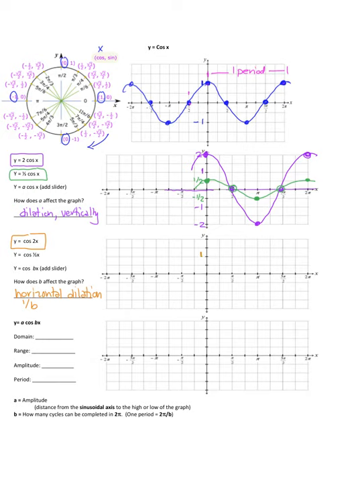But I'm still going to start high. But now I'm going to hit 0 at pi over 4, then -1 at pi over 2, 0, and pi. And just to show that we could complete 2 cycles in 2 pi.